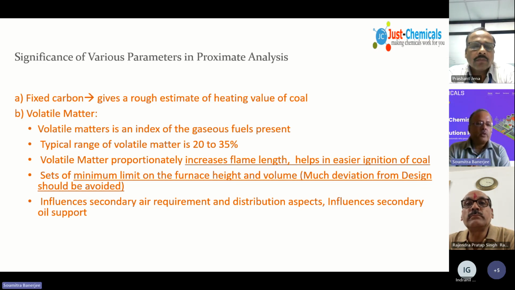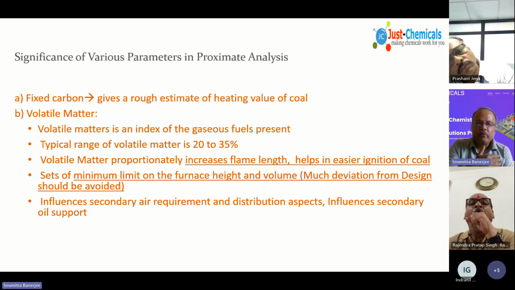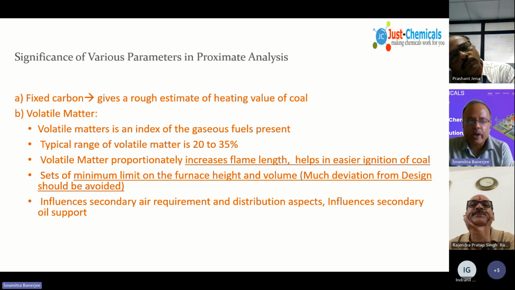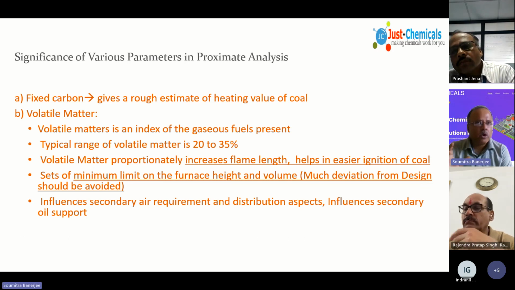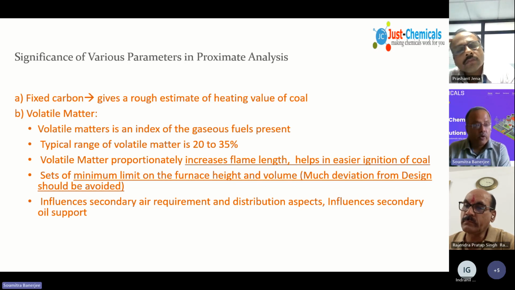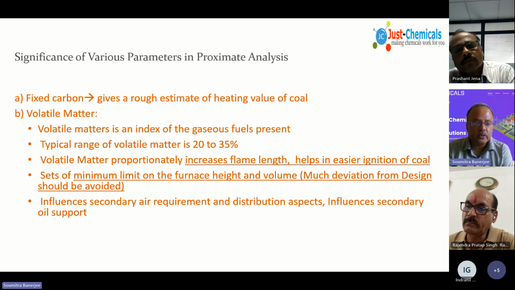It sets the minimum limit of furnace height and volume, and much deviation from the designed coal should always be avoided, because then your flame length will not be as per your requirement. The furnace height will not be as per the coal combustion requirement, or coal will behave differently in a different set of conditions.